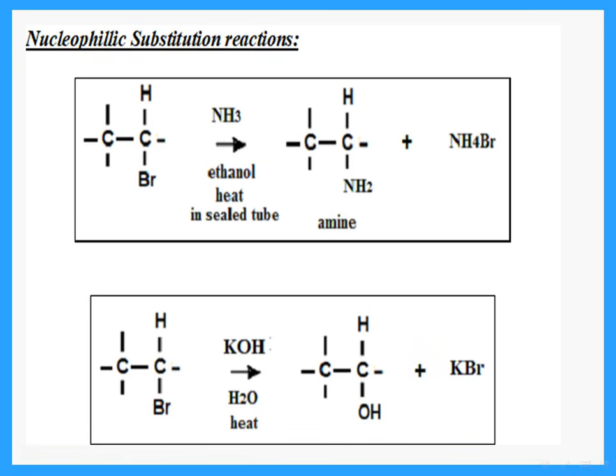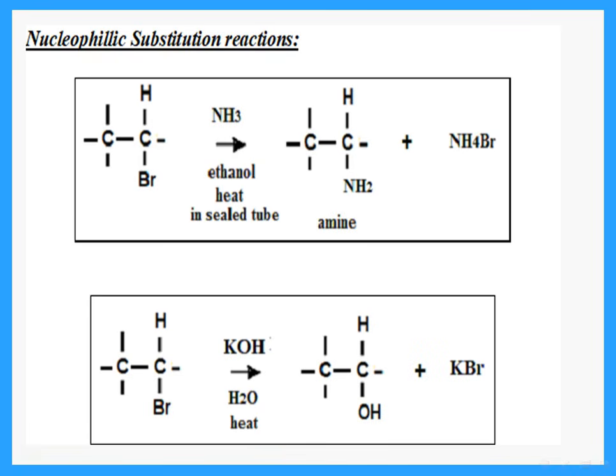It will attack the carbon that has the Br and replace the Br. If I want to remove the Br and put NH2 instead, and remember the compound that contains NH2 is called an amine, then I need to react the halogenoalkane with ammonia in the presence of ethanol and heat in a sealed tube. These are the conditions.